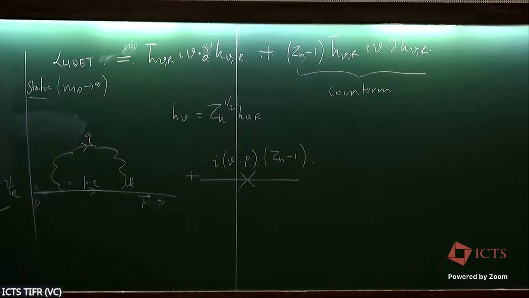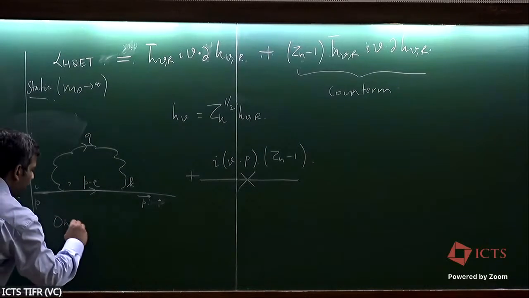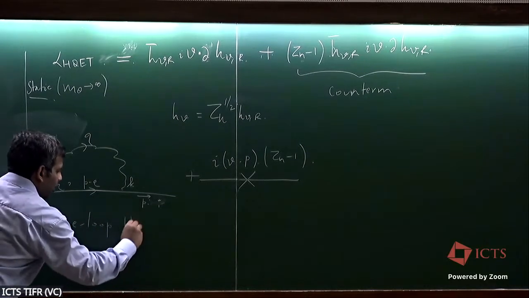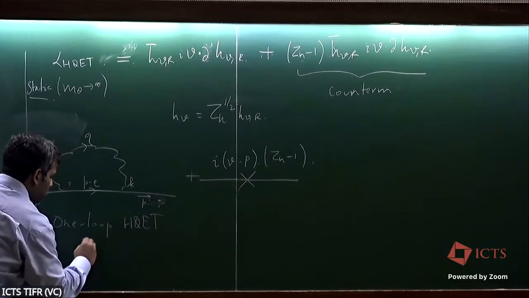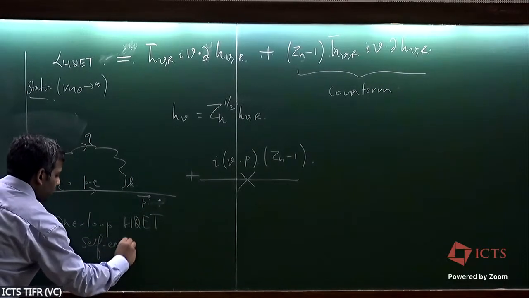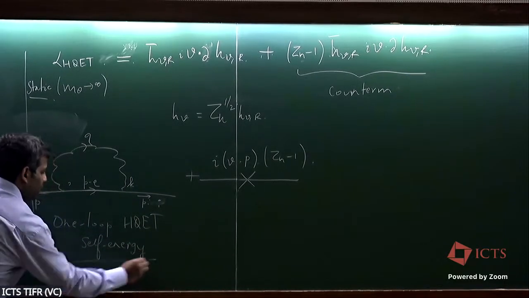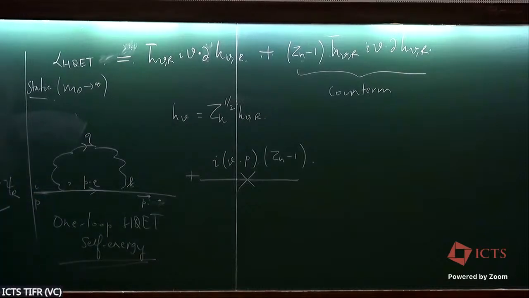It will get clear why I have written i, j, and k there. Just give me a minute. So this is the one loop HQET self energy, and the goal is to compute this diagram in HQET.